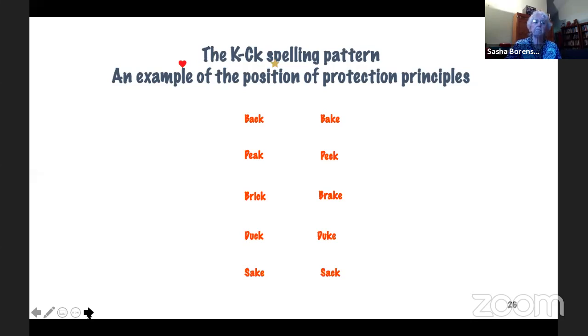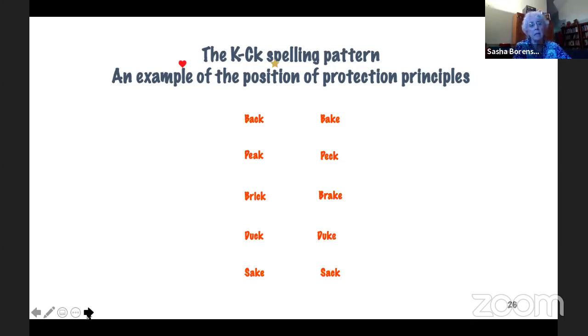CK. Here's the word brick. What's the vowel sound in the word brick? Is it weak or strong? And how did I spell the k sound, with K or CK? Here's the word break. What's the vowel? A-E. Is it weak or strong? And how did I spell the k sound?